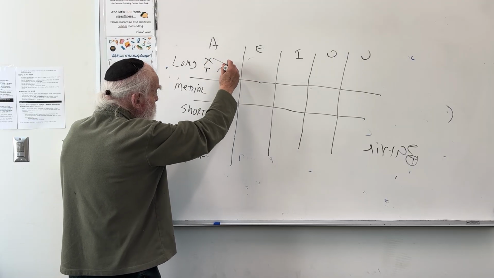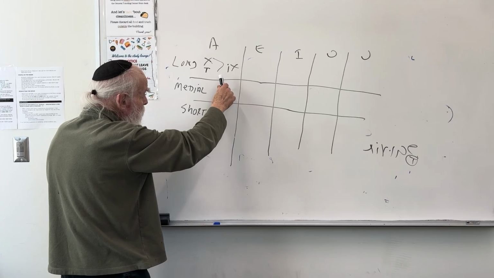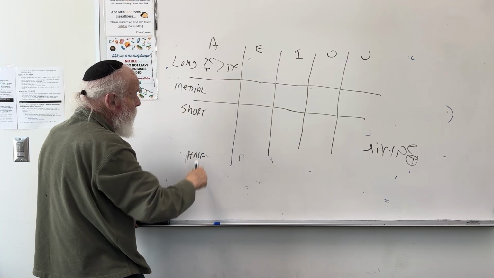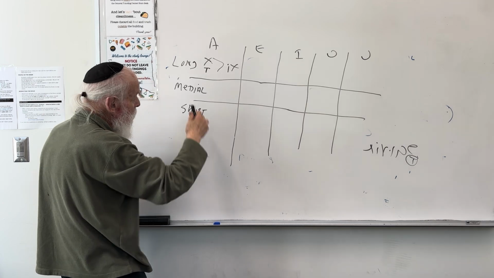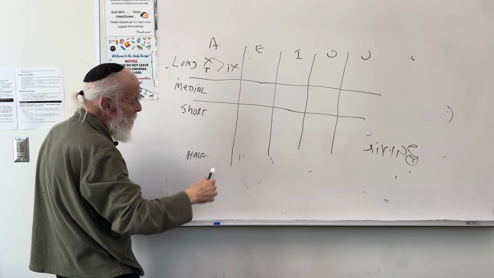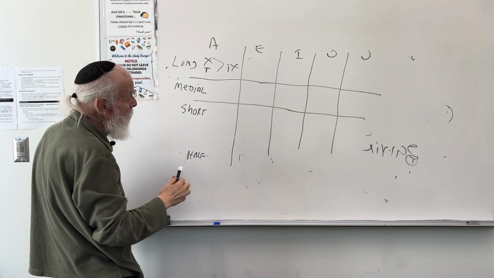So syllables that today have a long O are said to have been interchangeable back in the day with a long kamatz. Or to put it in simple terms, the long A developed into the long O sound. A long O, we'll see an example when we get to that column.